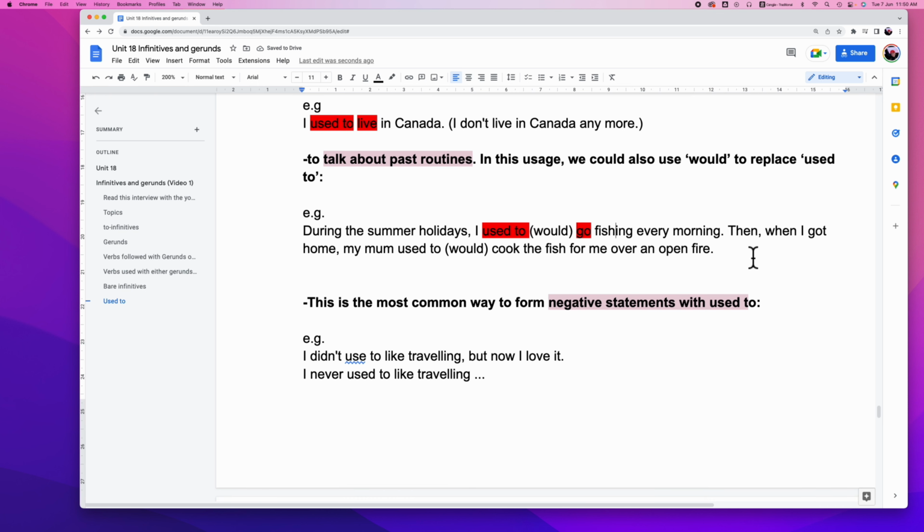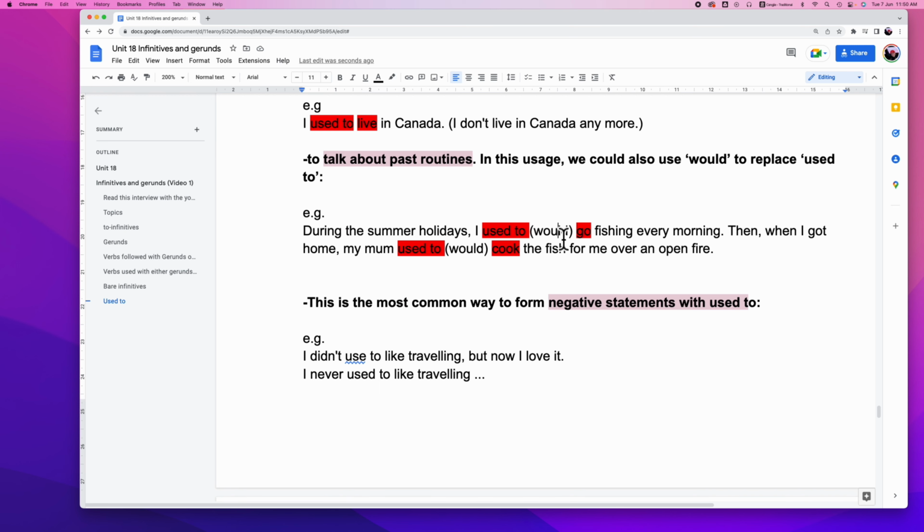Then when I got home, my mom used to and cooked. It could also use the word would. The modal verb would could replace used to. Let's take a look. Instead of using I used to, I can say I would go and I would cook. My mom would cook.